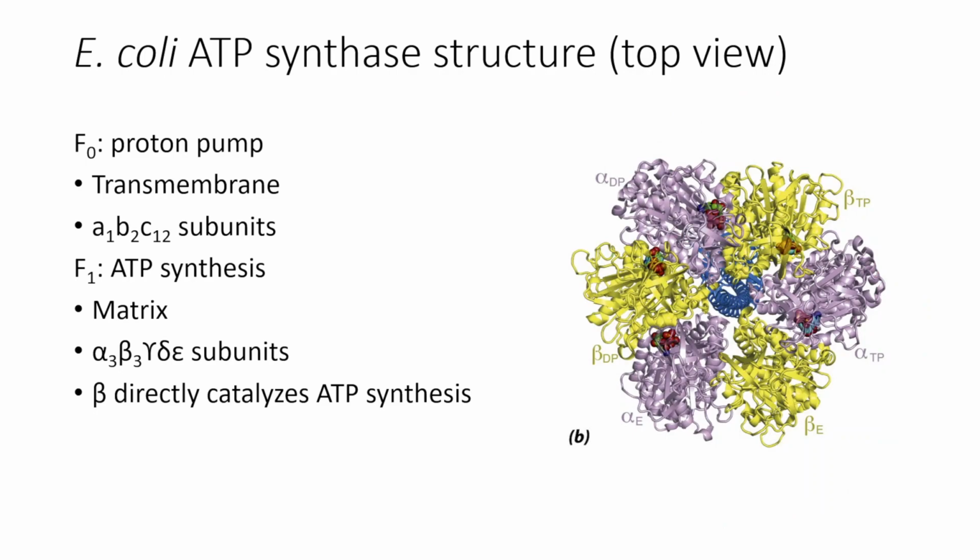The purple ones here are alpha, the yellow ones here are beta, and I don't know how to say it other than the ATP is formed in these three. So these three are going to have a conformational change that happens as you get that rotational movement. The alphas, I think they also do change shape, but they don't actually catalyze the reaction. They help keep everything together and hold everything in place, but they're not directly catalyzing the reaction.